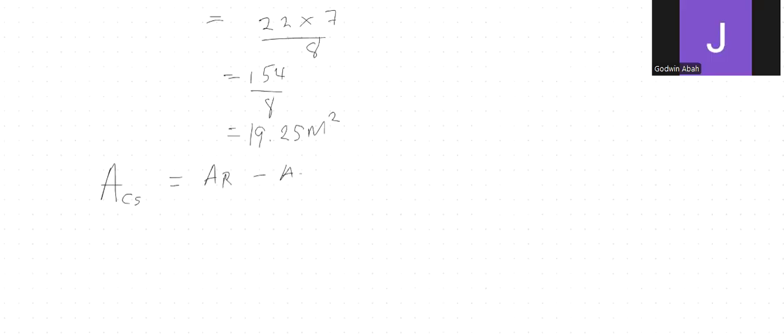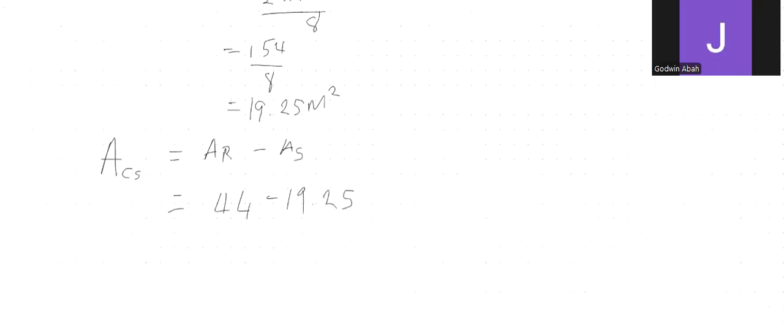We got the area of the rectangle to be 44, then minus 19.25. Punch this in your calculator: 44 minus 19.25 gives 24.75 meters squared. So this is the area of the cross section.